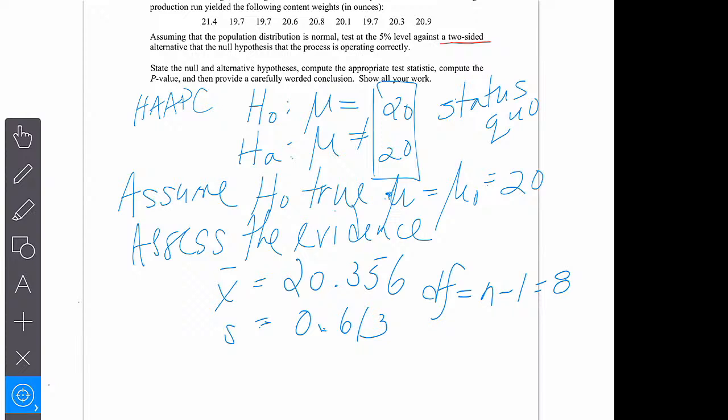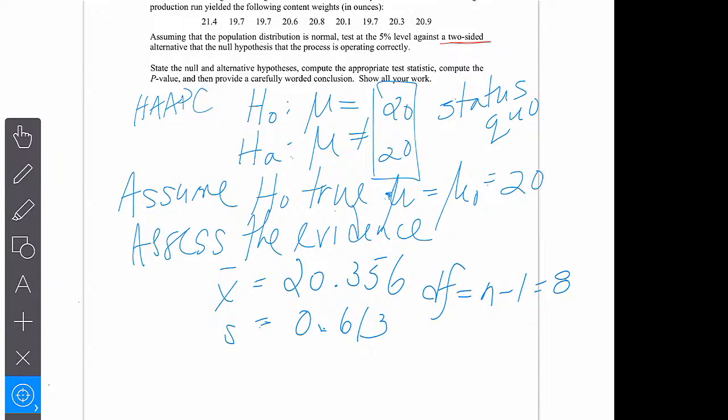And the only way we're going to determine that is to look at how spread out the distribution is and adjust for how spread out it is and speak about if this 20.356 is in normal keeping with the variation of the variable as presented in the sample. That's all we have, right?